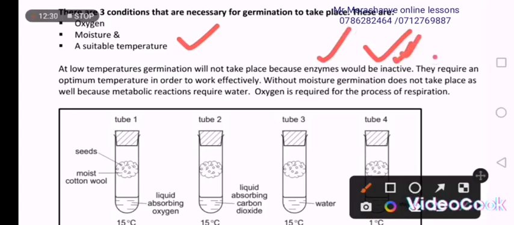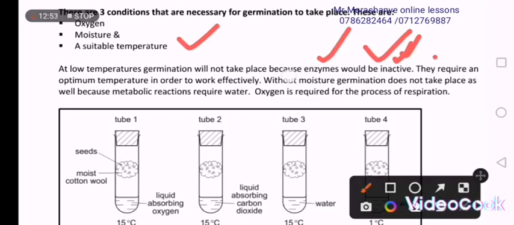And this statement says they require an optimum temperature. Optimum means suitable. They require an optimum temperature in order to work effectively. What is it to work effectively? In other words, we are referring to activating the enzymes so that they can promote the process of germination.